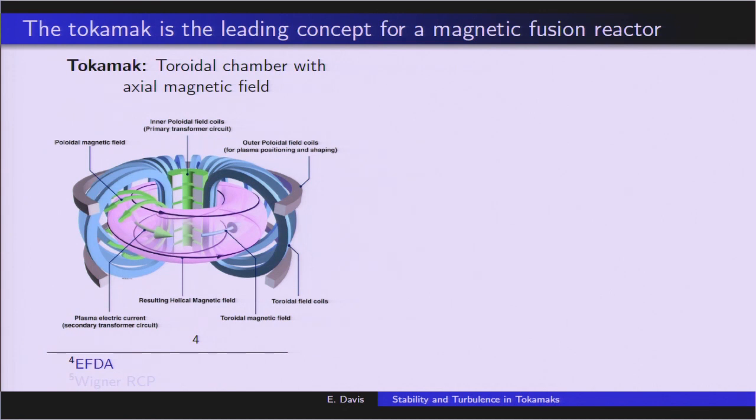And it's characterized by these very large magnetic field coils that produce a very large so-called toroidal magnetic field that wraps around the device in the axial direction. Then you can put a plasma into this device. Your plasma is just an ionized gas, so this field acts to confine the plasma. But it turns out that this purely toroidal magnetic field, although it has very good stability, won't allow you to develop a good equilibrium.